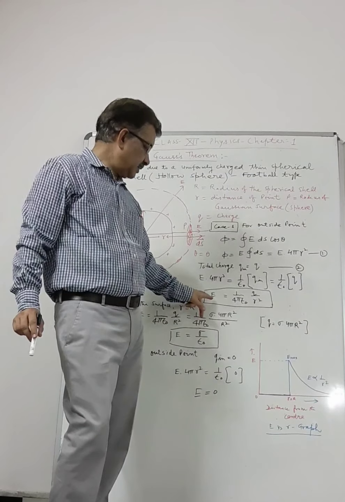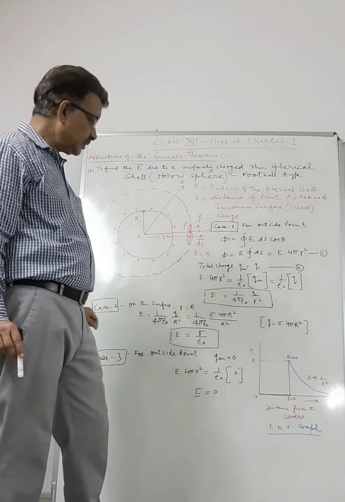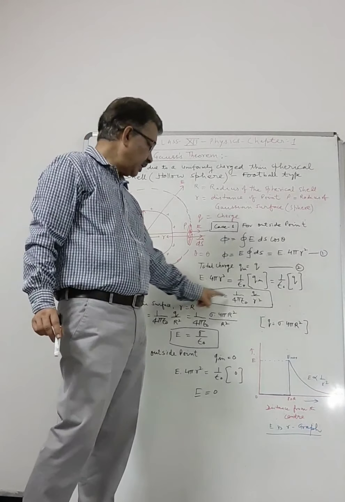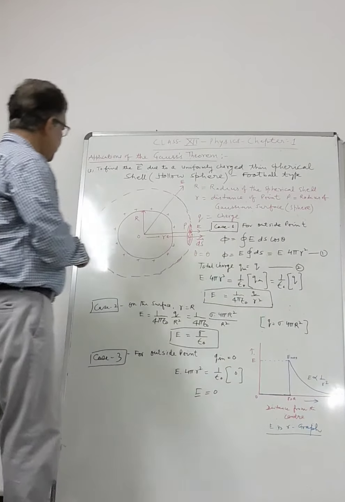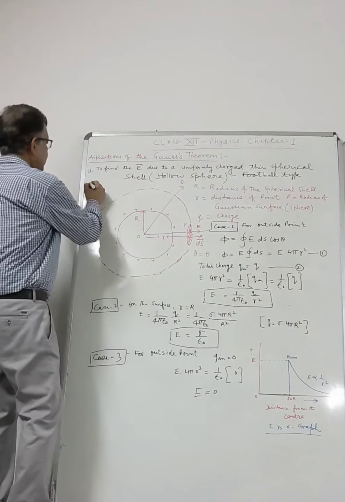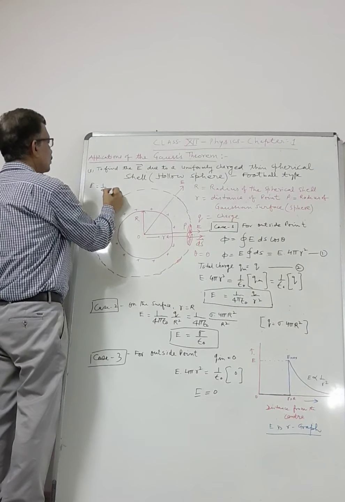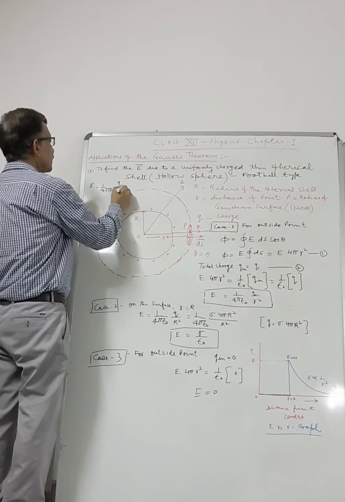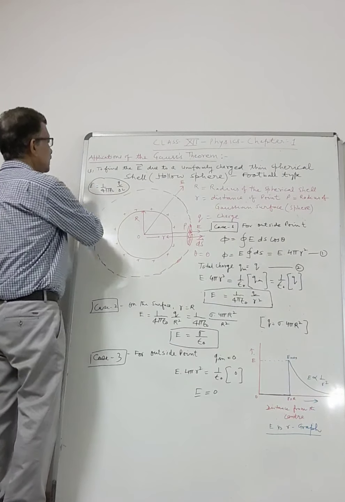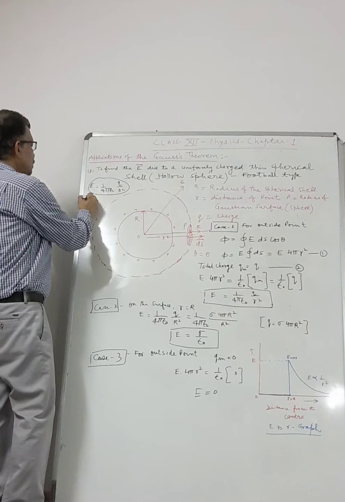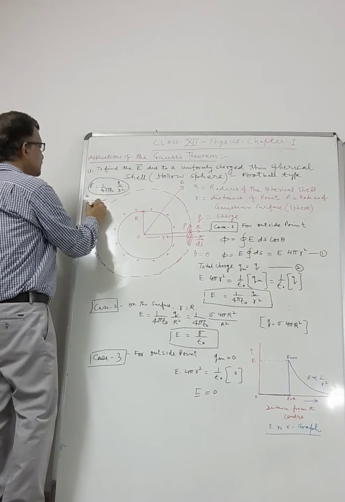to see this equation. As we know, for a point charge, the electric field intensity E is equal to 1 by 4 pi epsilon naught Q by r square. That is the value of the electric field intensity due to a point charge at a distance r.